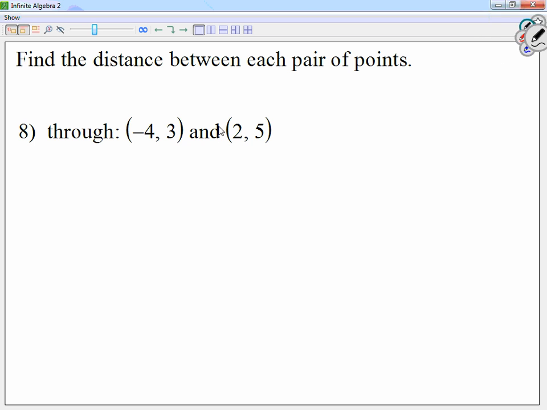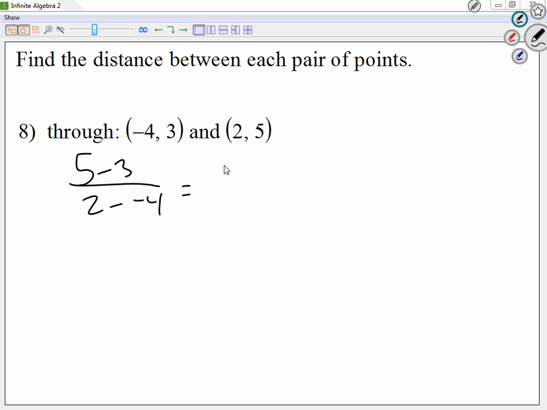So I'm going to start as if I was finding the slope. So I have 5 minus 3 over 2 minus negative 4. So I have 2 over 6. And then do not simplify the fraction. So I'm just going to use 2 squared plus 6 squared.